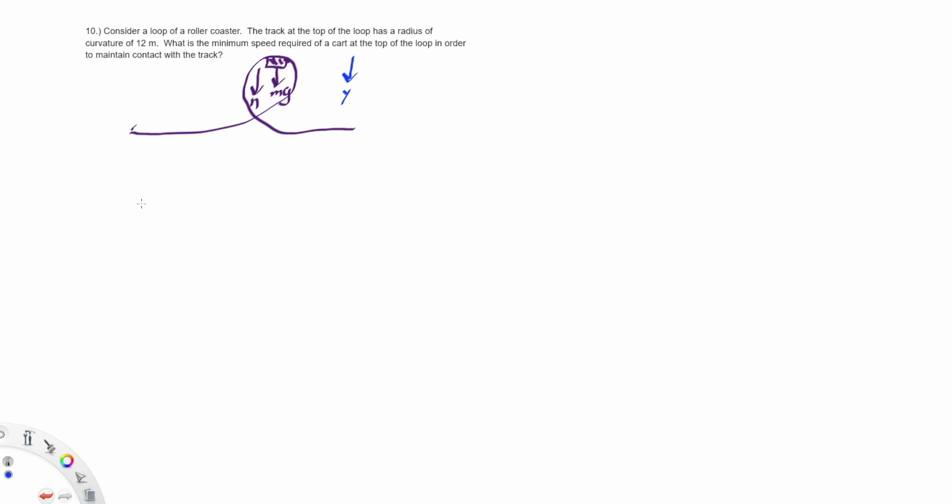So normal force always is in the direction of surface to object. So in this case, the surface is above the cart. So since the surface is above the cart, it's got to be pushing down onto the cart.